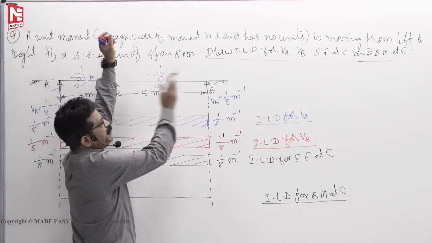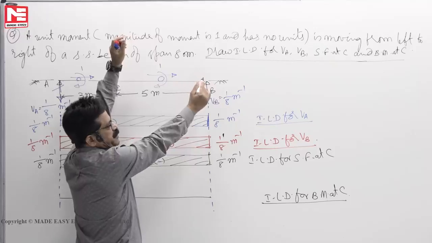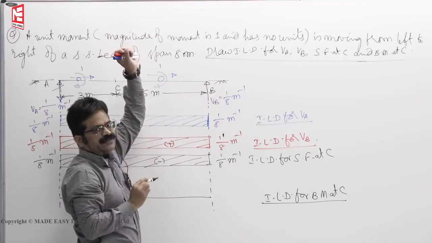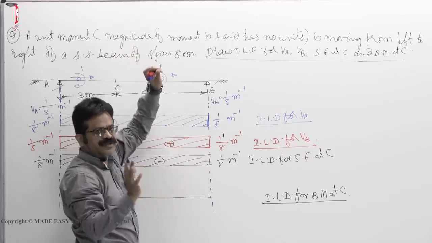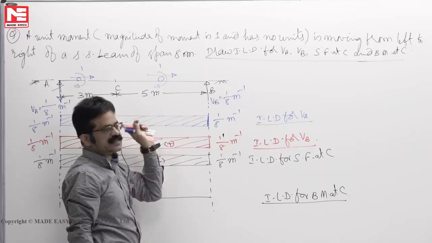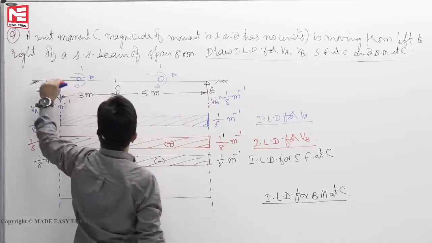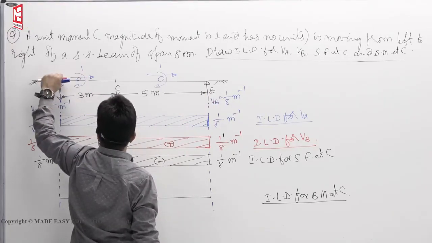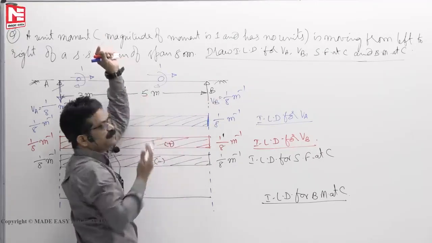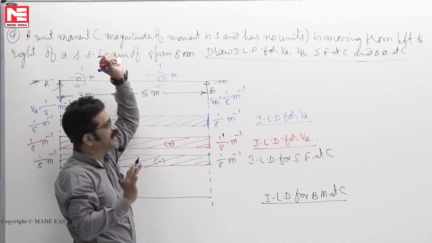So, stand here, look right side. Upward forces will give positive moment, 1 by 8 into 5. So, you will get 5 by 8, that's all, no units, because meter power minus 1 into meters, no units. So, 5 by 8 you will get. Wherever this moment is between A to C, I will stand here, look right side, 1 by 8 into 5. That means 5 by 8 constant.